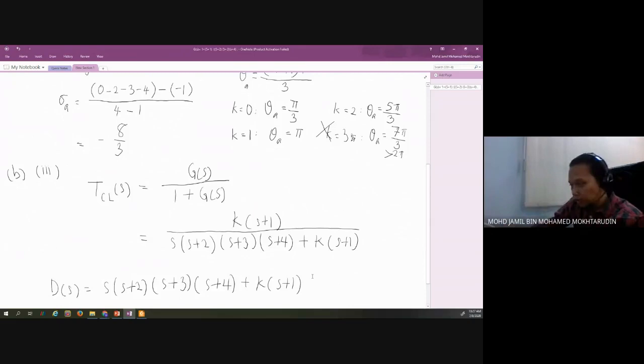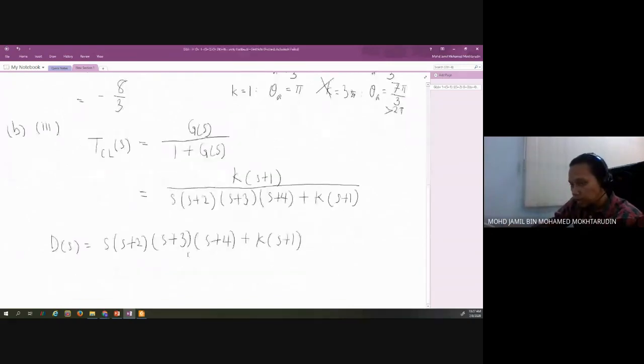You need to expand the denominator so that you can use Routh-Hurwitz. So it becomes s to the power 4.